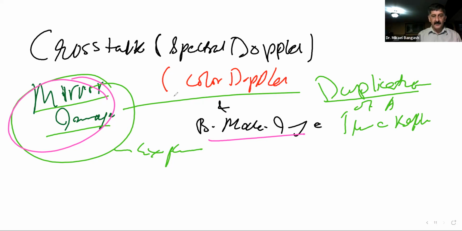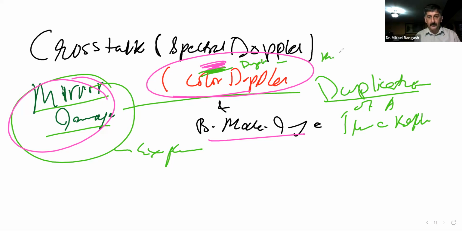If we see the same duplication in a Doppler or color Doppler, or say, a blood vessel in which blood is flowing, but we see a true duplication of that, that duplicate copy is going to be called a mirror image. Right?